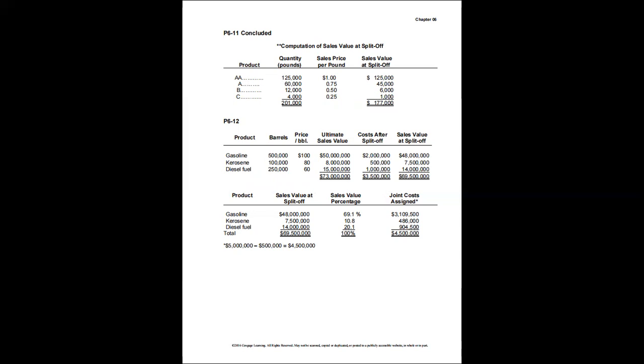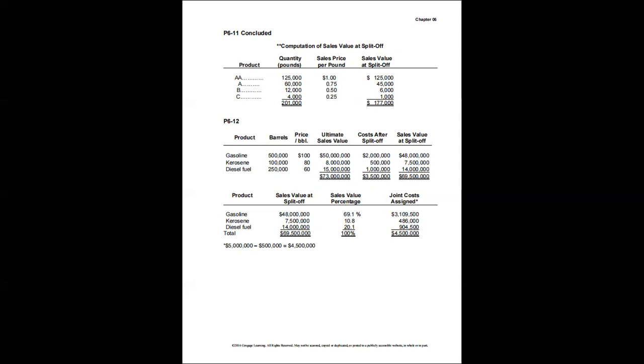The base oil is sold at the split-off point for 500,000 of annual revenue. The joint processing costs to get the crude oil to split off are 5 million dollars.